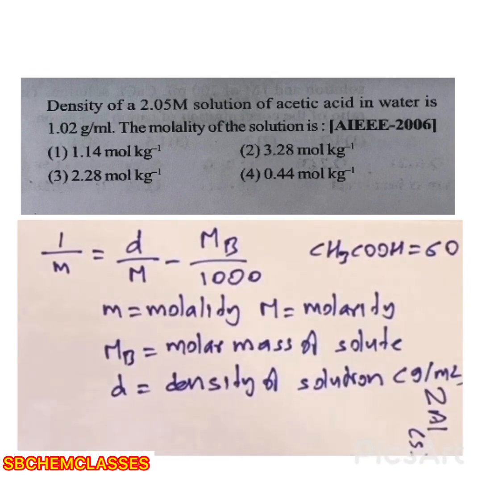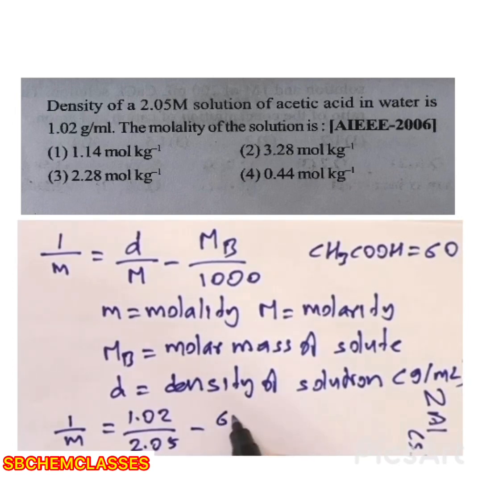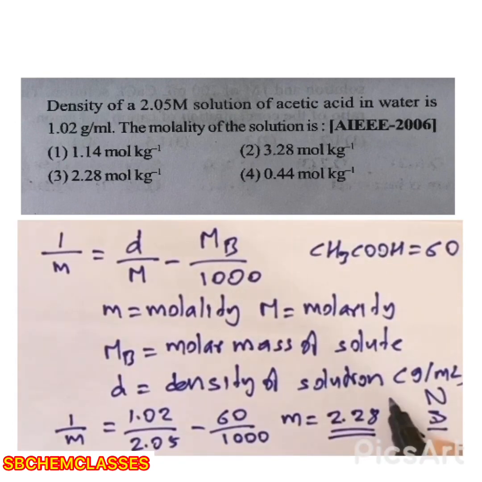We can apply the data: 1 by small m equals density 1.02 by molarity 2.05 minus 60 by 1000. By calculation, the molality becomes 2.28. That is option 3.